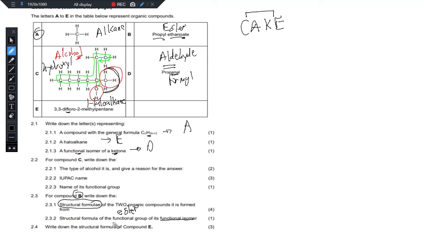So in other words, we must draw the structural formula of the functional group of a what? A carboxylic acid. Right. So what is the structural formula of the functional group of a carboxylic acid? We know it to be like this. So you just draw that skeleton there with the OH and then just indicate that there needs to be a hydrogen there.